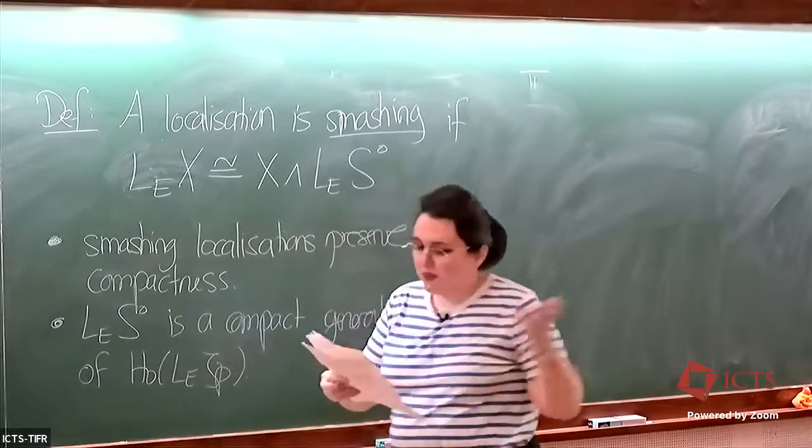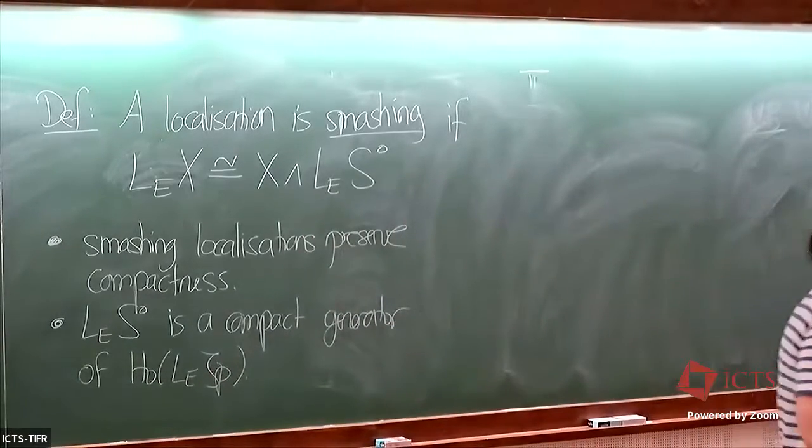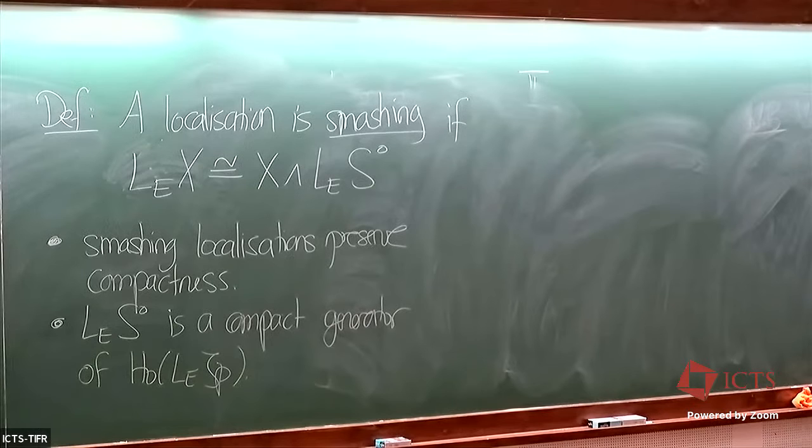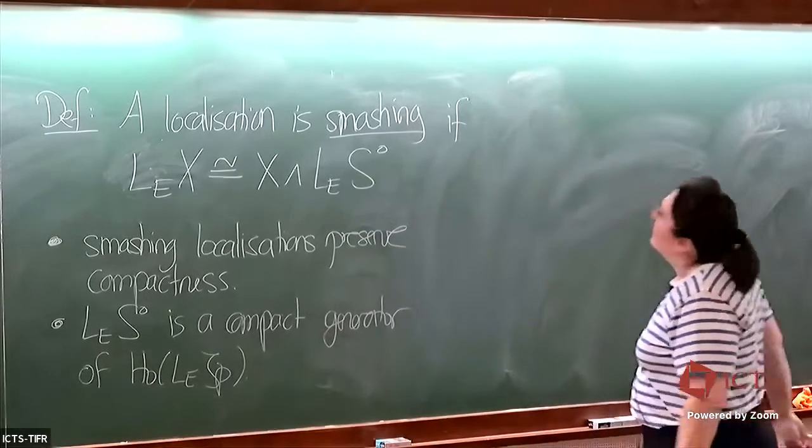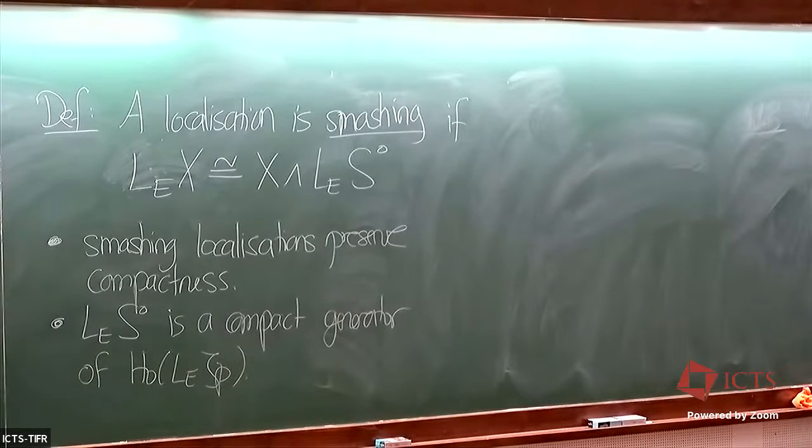And well, smashing localizations preserve other things. Well, they commute with co-products. They have all kinds of nice properties that you would like, but don't necessarily always get. So if you have a smashing localization, consider yourself lucky, because right now we're going to fall into the absolute dark depth of despair of P completion.